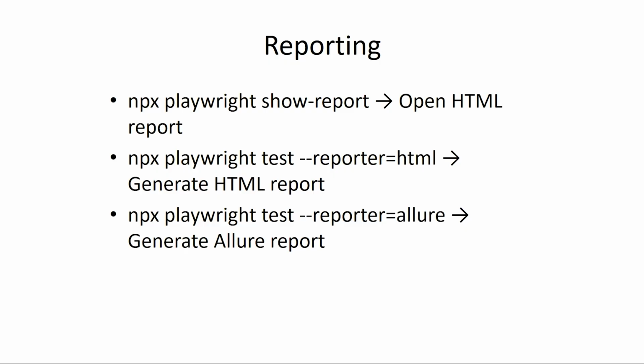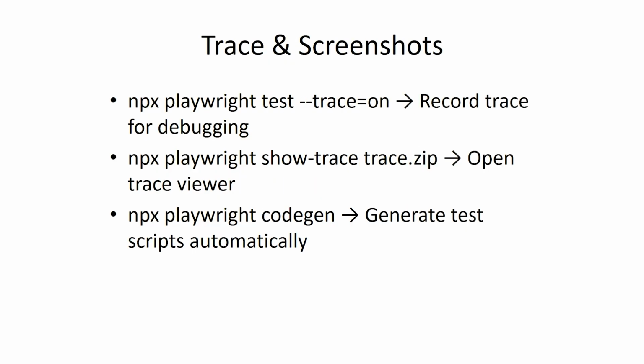And this is the command npx playwright test --reporter html. So it will generate the report in HTML. And if you want to generate a report in Allure format, enter this command npx playwright test --reporter equal to allure. So the report will be generated in Allure format.